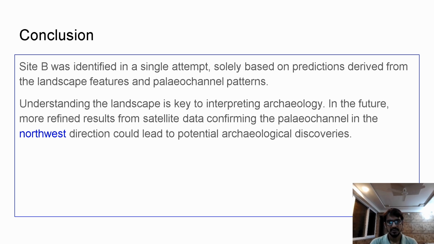For example, drainage basins, drainage networks, and paleochannels are indicators where we can look for sites. So right now our objective is to look to the northwest side as well as the southeast direction.